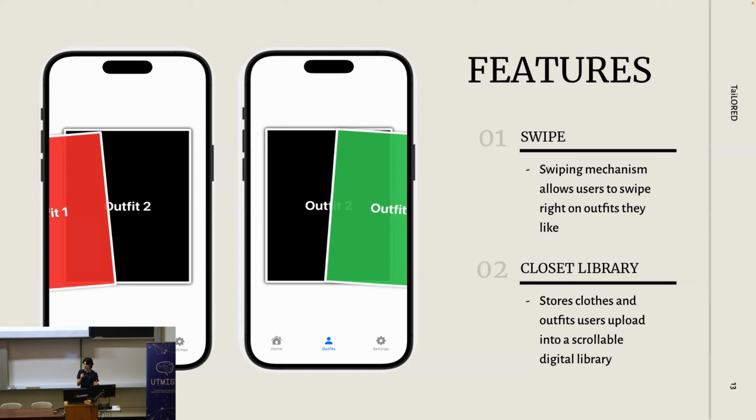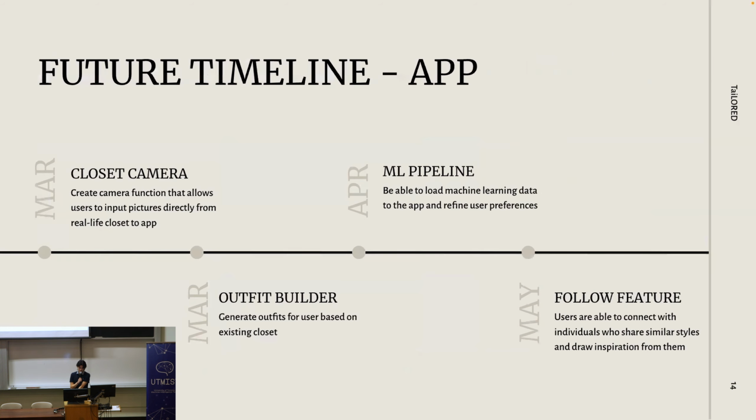We also have the closet library, which can store images of clothes that you've taken or clothes that you want, as well as outfits that have been generated that you have swiped right on and said that you like. It allows users to look back on their clothes for future inspiration, and also look back on outfits that were created and get a sense of where your fashion direction is heading as well.